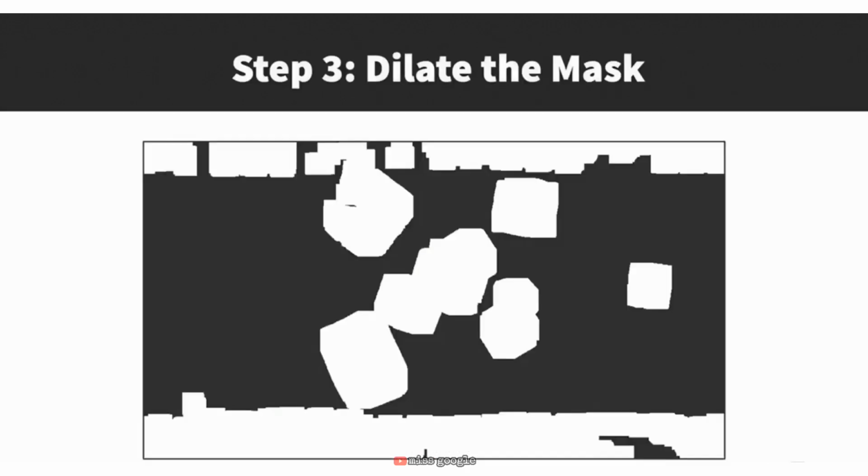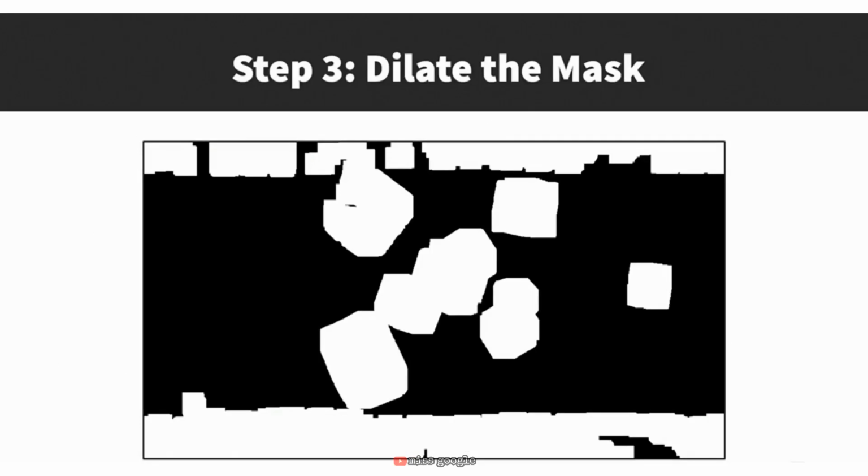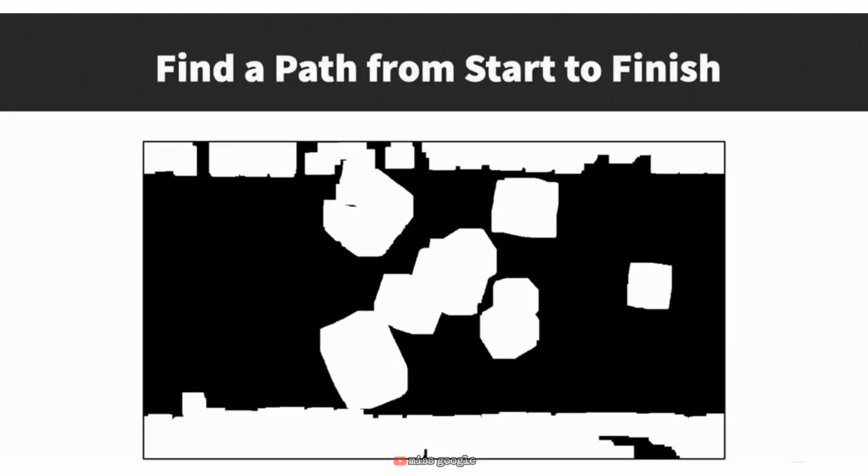Look closely. After dilating the mask, we have a clean image representing the grown obstacles in white and the floor in black. To find a path from start to finish, we simply feed this mask to a path planning function that implements an algorithm like A* or Dijkstra's.